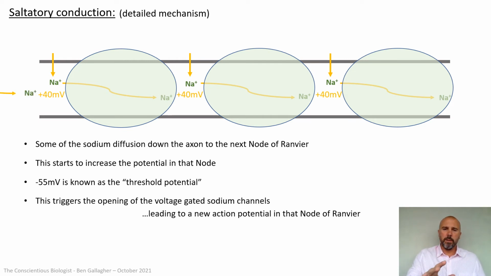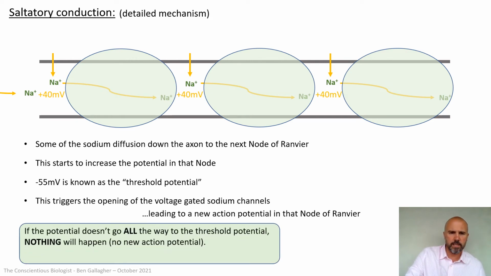Okay, so key points about this, a couple of key words that go with this: if the potential doesn't go all the way to the threshold potential, nothing will happen. There won't be a new action potential. So if this sodium diffusing down here isn't enough to take the second node of Ranvier to -55, then nothing will happen.